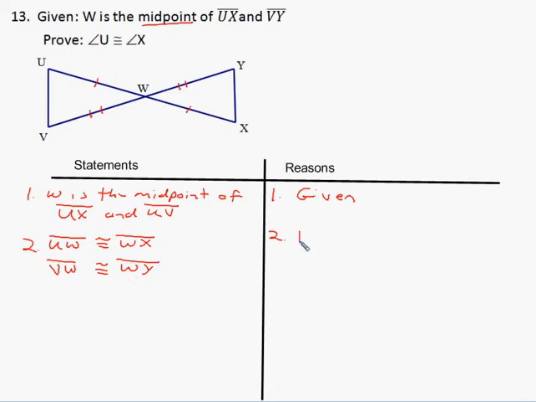And that's because of the definition of midpoint. Because a midpoint splits a segment into two congruent parts. And now we have two sides of one triangle congruent to two sides of the other.